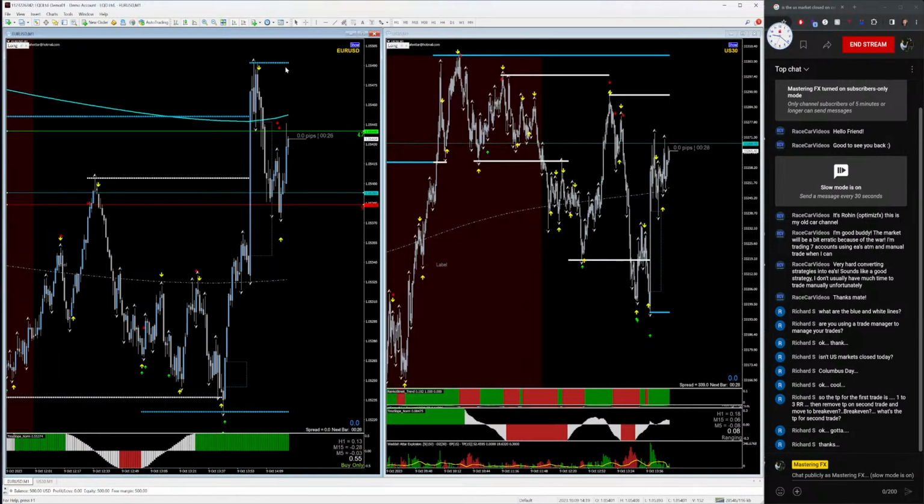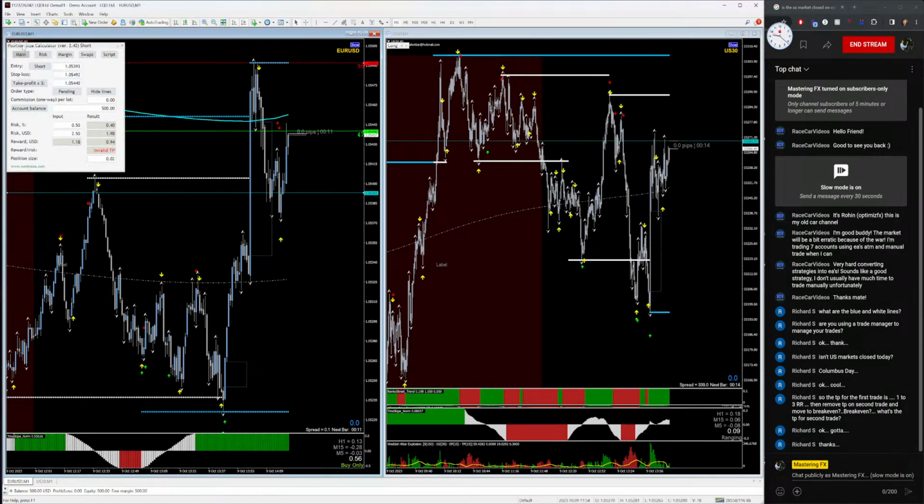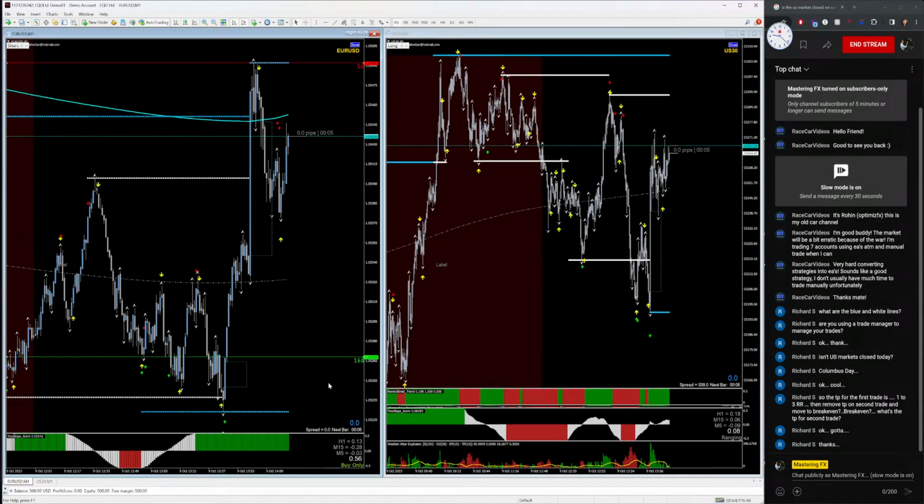But even if it just goes back up there and gives us a valid signal, and at that point this is white, then I would consider an entry. So let's move the stop loss up here for now, right on the support dots, because it's Euro USD. Set this back to instant and profit target at 3 times the risk.